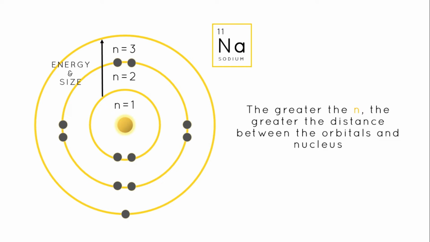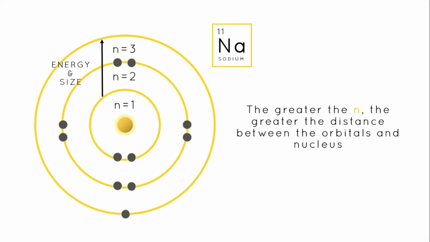That is the smallest subshell and the nearest subshell to the nucleus. On the other hand, if our electrons occupy the third subshell, our n is equal to 3. Therefore, that subshell is the farthest subshell from our nucleus and also the largest subshell.